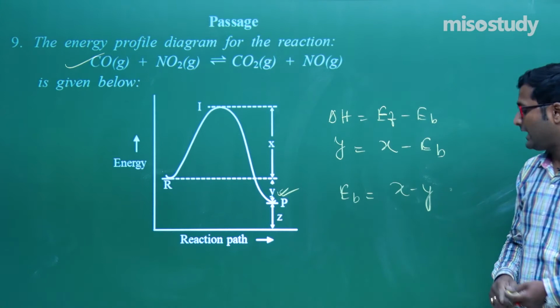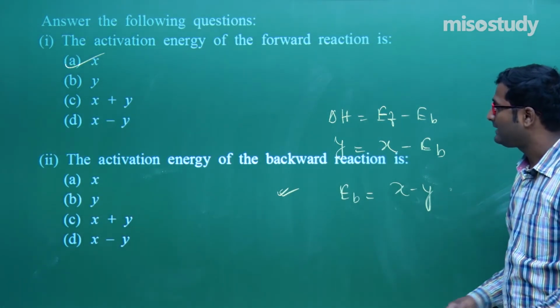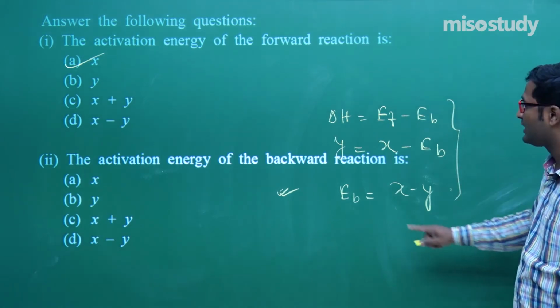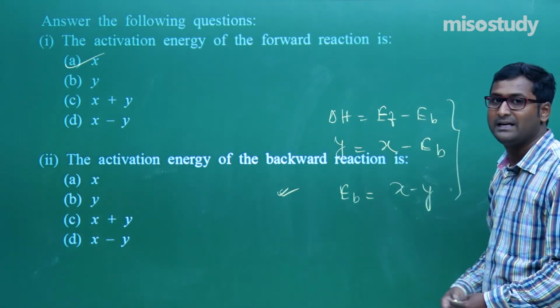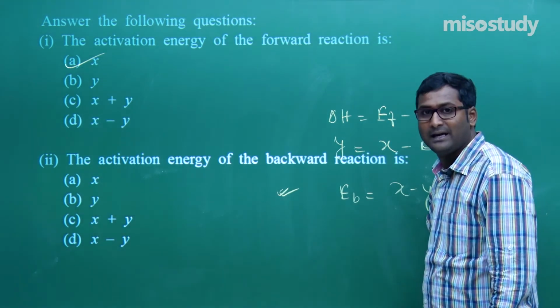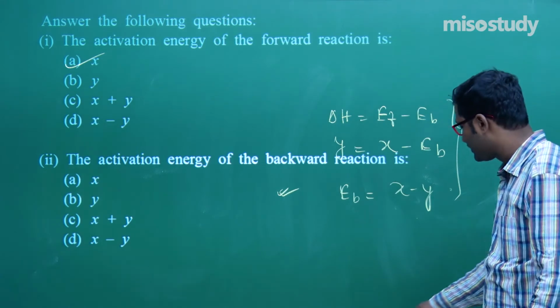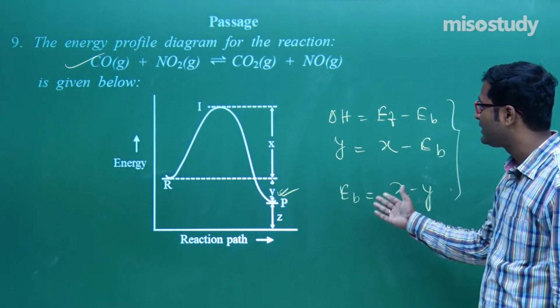But one more thing I am going to mention here, according to the situation, the activation energy of backward reaction, if we do not use the negative sign, because this is an exothermic reaction, this equation shows that there is a liberation of heat.